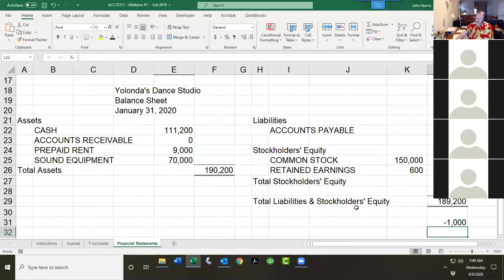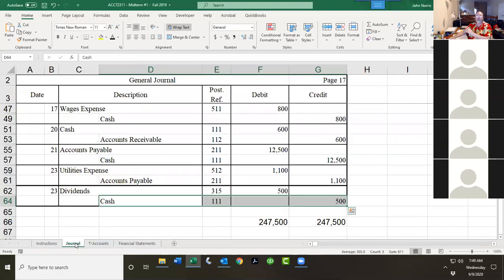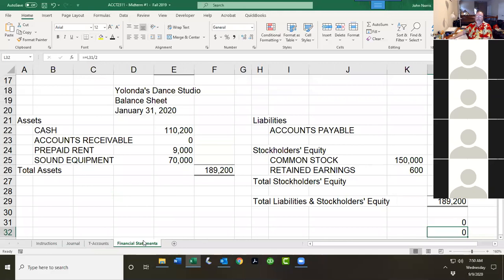Then go through and divide it in half. And you'll see that there is a transaction, $500, and what that is, you've posted a debit as a credit. So what should be a credit of $500 in the cash account was in fact erroneously posted as a debit. So fix that, and your balance sheet once again balances.